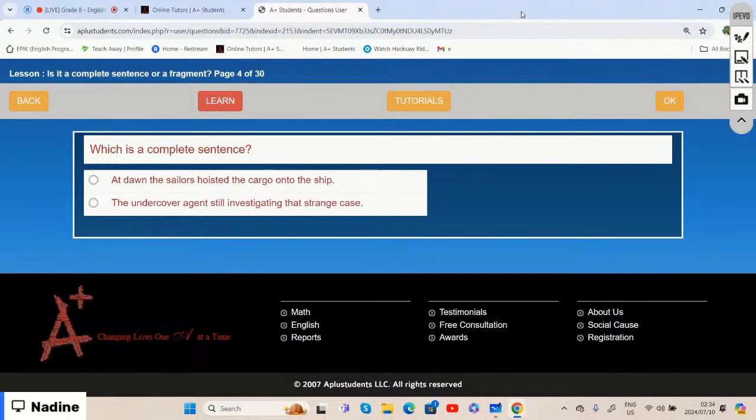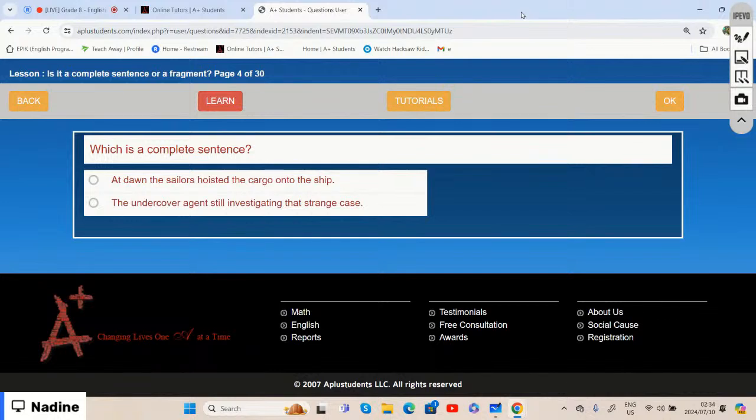And remember, a complete sentence has both a subject as well as a verb. Right.